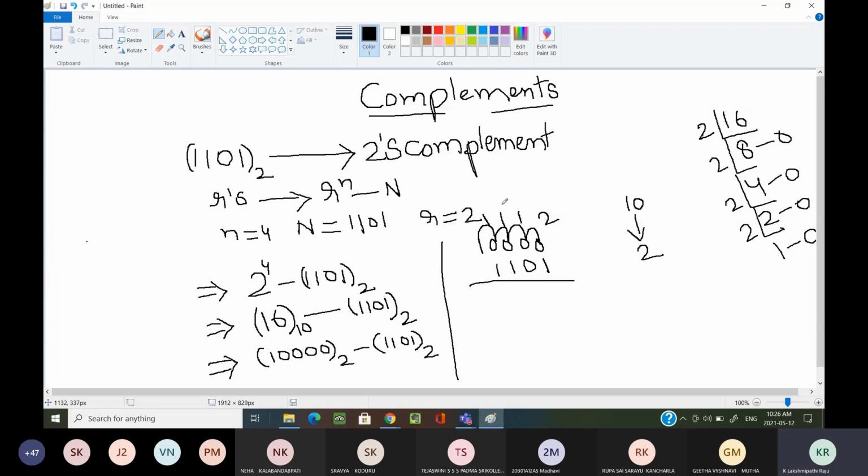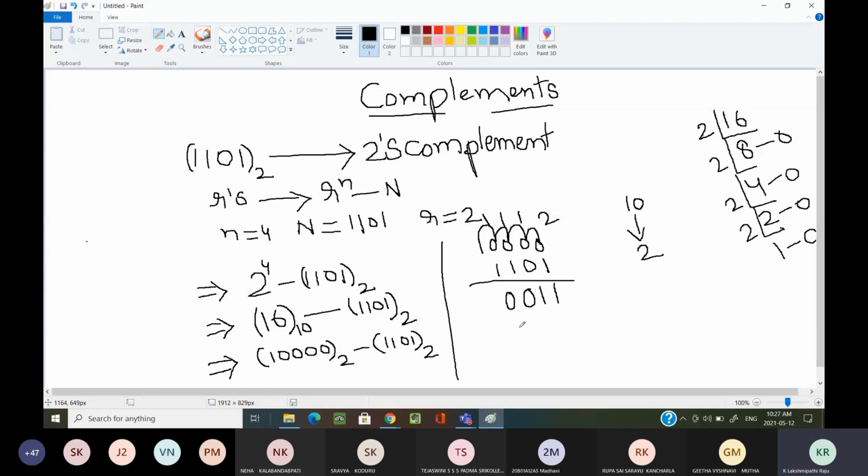You get the borrow as 10, which is decimal 2. 2 minus 1 is 1. What is left out here? 1. Now 1 minus 1 is 0. Next 1 minus 1 is 0.